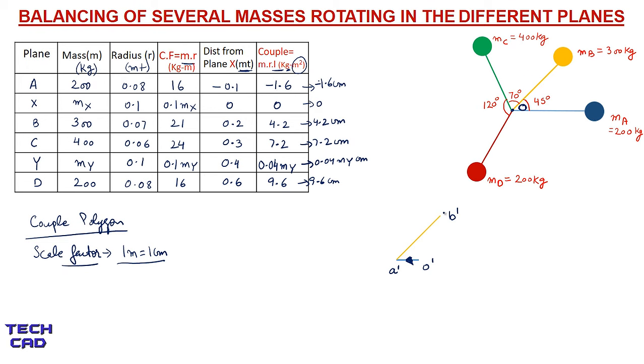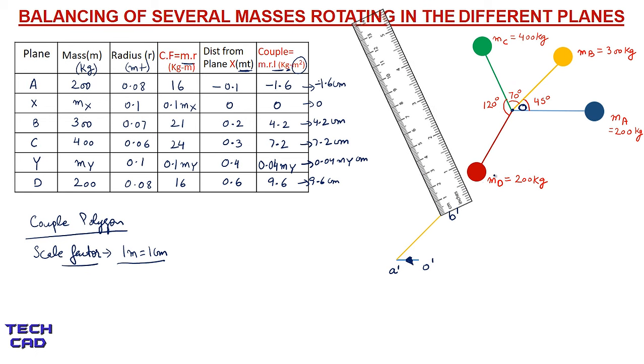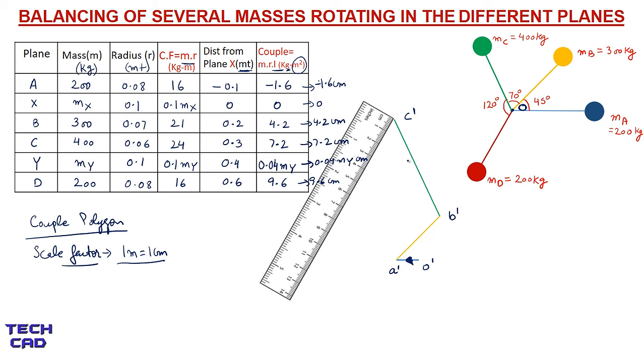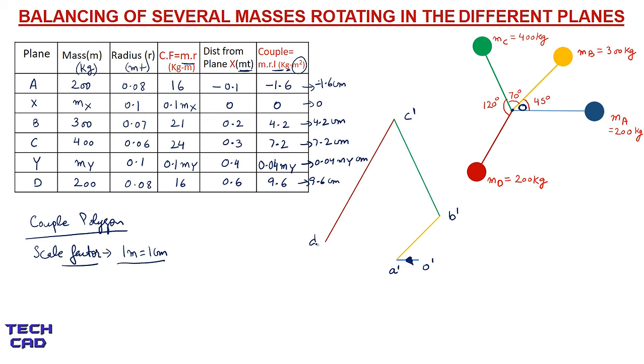In the same way, take a scale again, parallel to your mass MC, and make a line of 7.2 centimeter, because we already found out with the help of this table that the couple is 7.2 centimeter. Similarly for the mass MD, make your scale parallel to it and make a line of 9.6 centimeter, and this point becomes D dash.